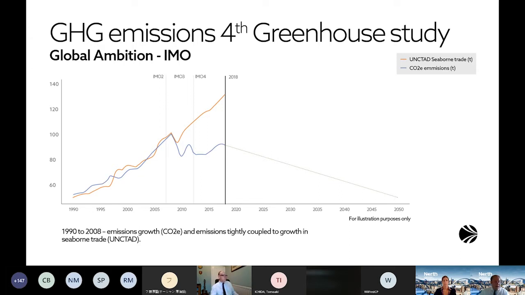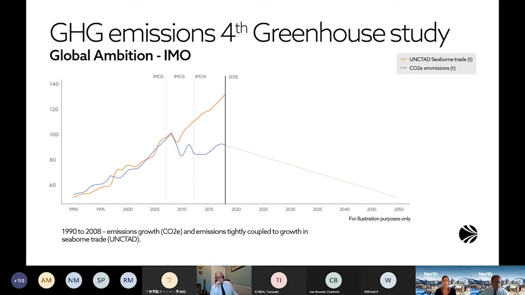Now, the IMO's target is to reduce greenhouse gas, GHG, emissions by 50% compared to 2008. For your reference, the 2008 EEOI, the Energy Efficiency Operational Indicator, also comes in at around this level.